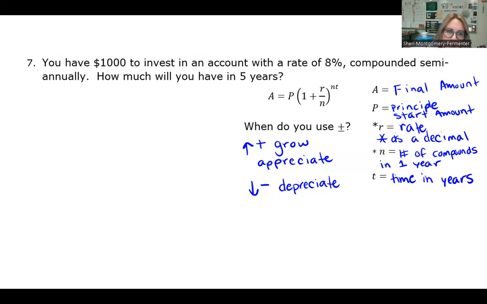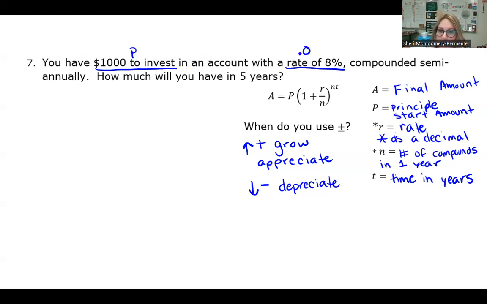So looking at this problem, we have $1,000 to invest. What is that representing? Which letter does that represent? P, that's our principal or our starting amount. It tells you it is a rate of 8%. Is that a decimal? No, so we have to change it. So what is 8% as a decimal? Y'all are really close.